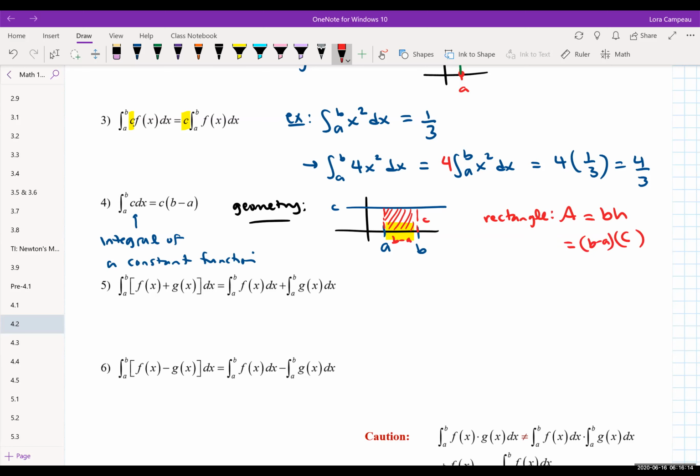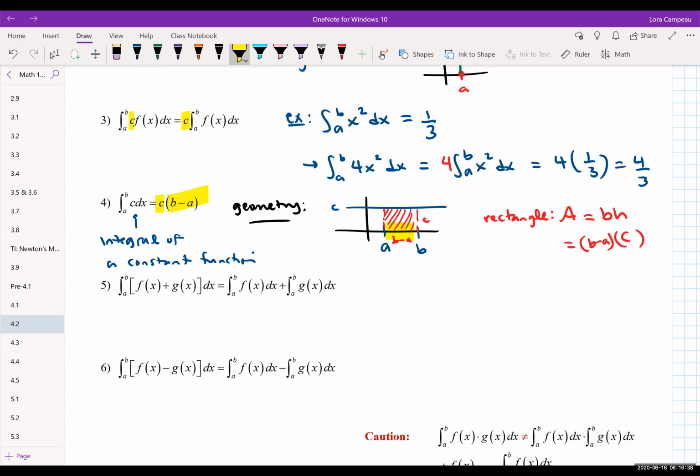So the area is b minus a times c, or they like to put the monomial in front, c times b minus a. Later, when we deal with the fundamental theorem of calculus in the next section, it'll be clear that's where the formula is being used. But right now, geometrically, we can apply it.